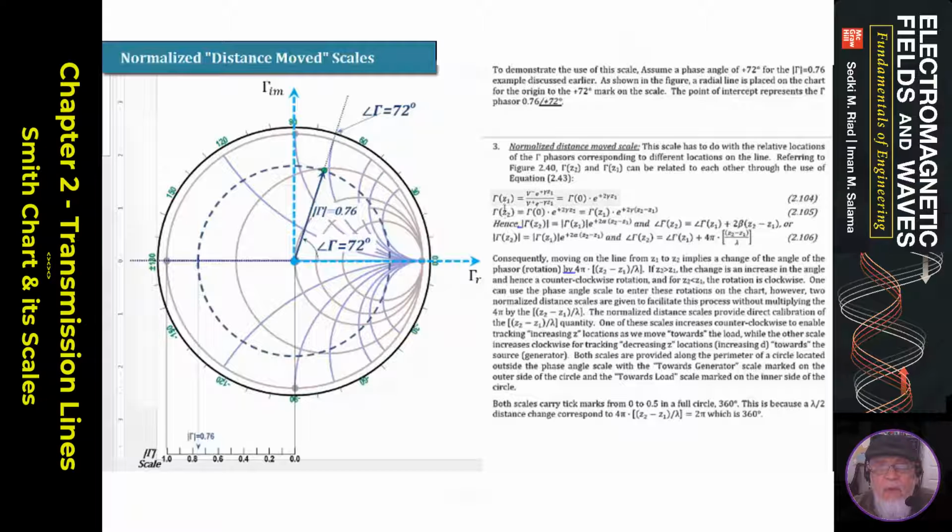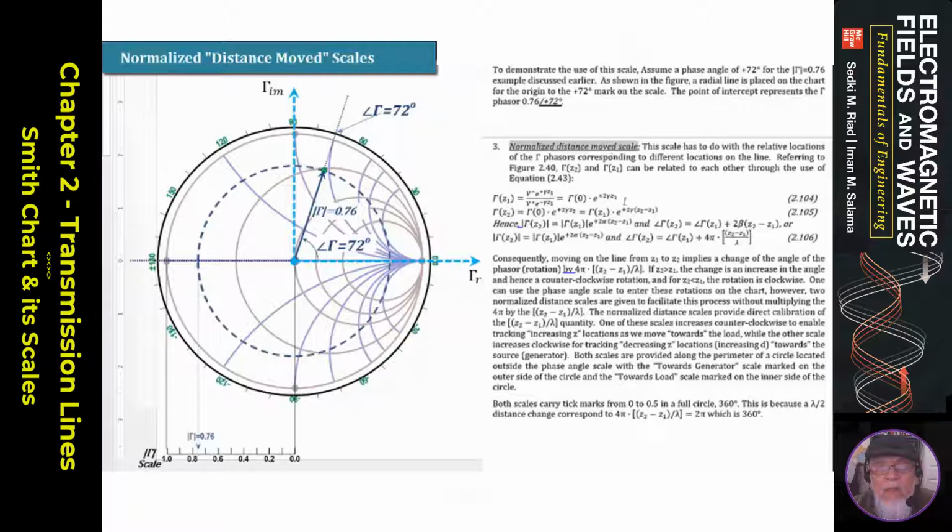So if you ratio these to each other, you can get gamma Z2 relative to gamma Z1, and here it is. Gamma Z2 is equal to gamma Z1 e to the 2 gamma (Z2 minus Z1). So the two gammas here are related to each other, and the distance moved from one location to another. And that's the scale here that we're talking about, the normalized distance moved scale.